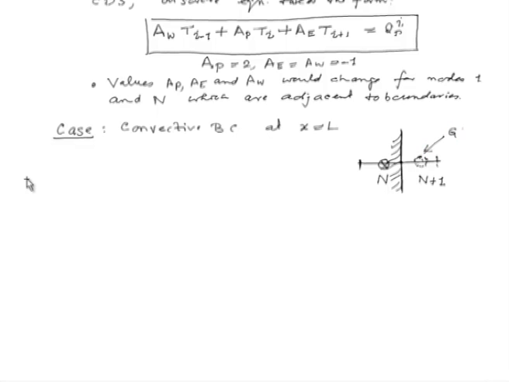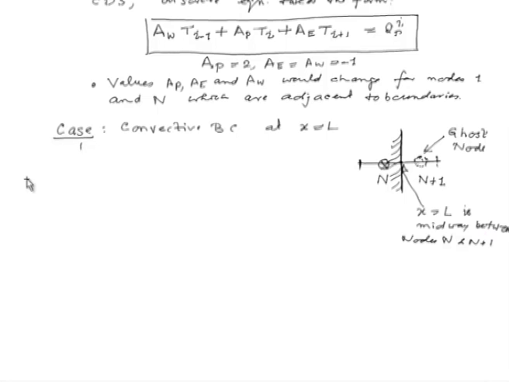So, the boundary point, x is equal to L, is midway between nodes n and n plus 1. That tells us that we can now use our second order accurate central difference scheme.